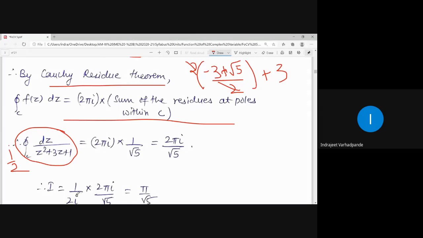In the original I, 1 upon 2i is multiplied by this integral, whose value has come out like this. So the final answer I get is π upon √5.